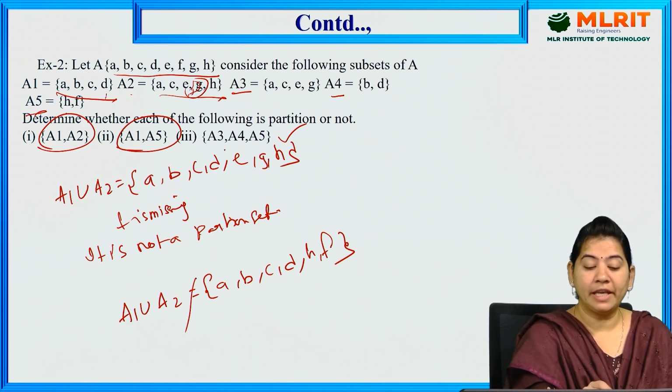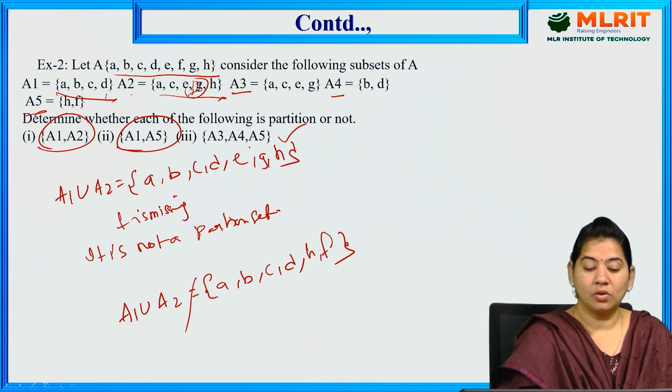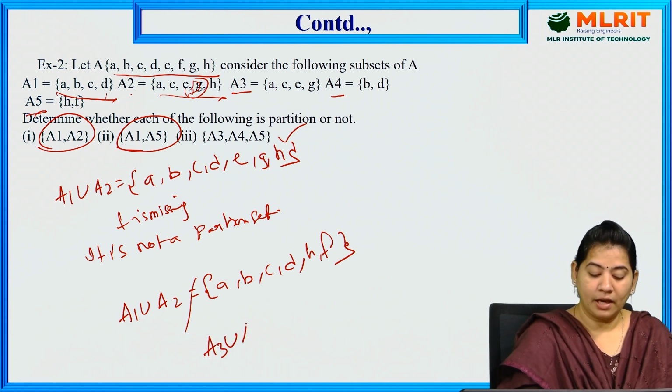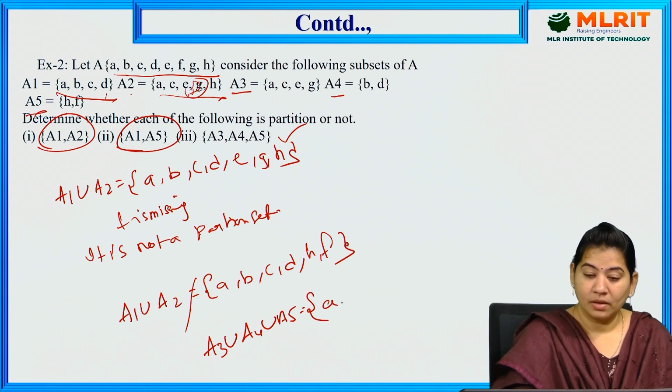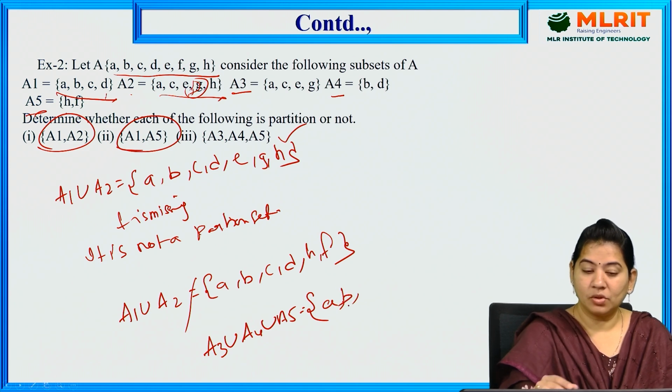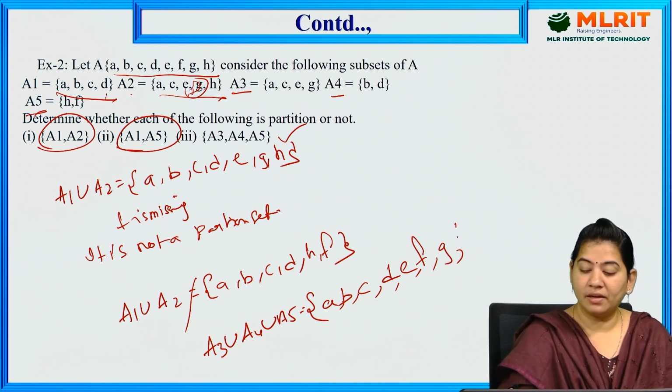And if you go for A3, A4, A5: B is there in A4, C is there in A3, D is there in A4, E is there in A3, F is there in A5, G is there in A3, and also H is there in A5.